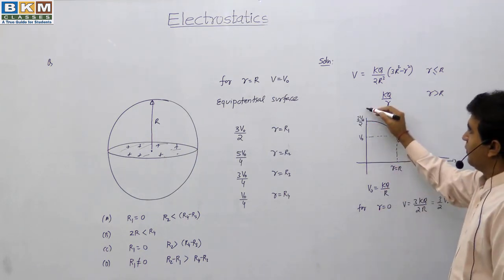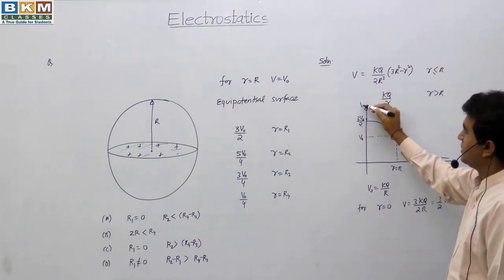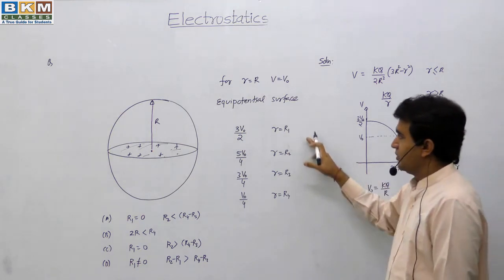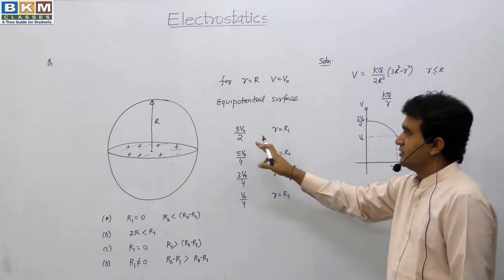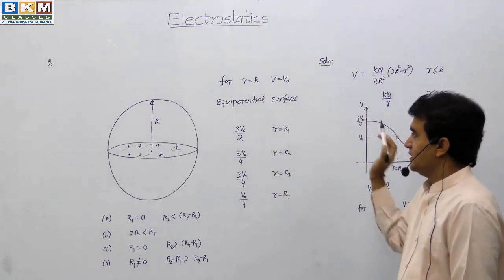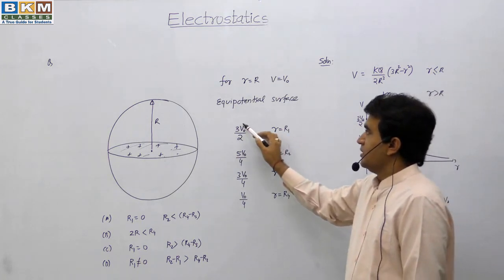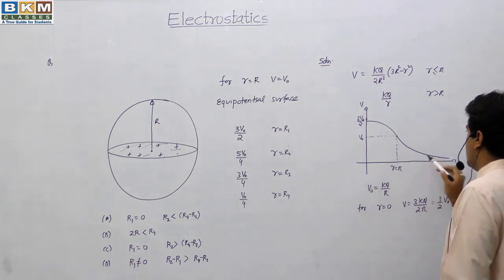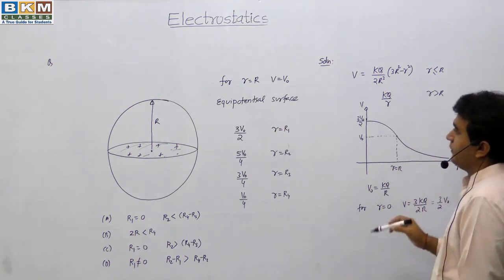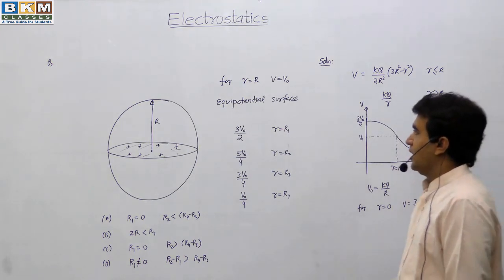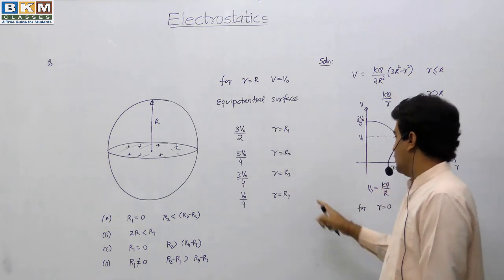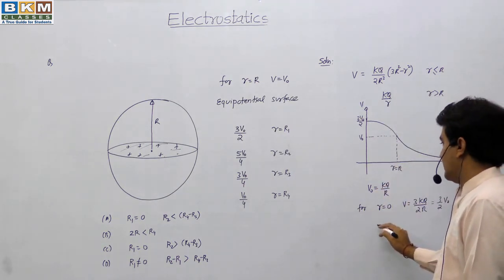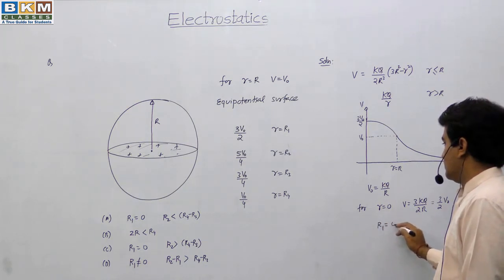This is the graph of potential versus r, and we have to find the radius of the different equipotential surfaces. First is 3V0 by 2. This graph starts from 3V0 by 2 at r equal to 0, so from this we can say r1 is 0.